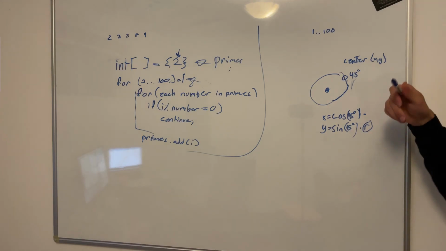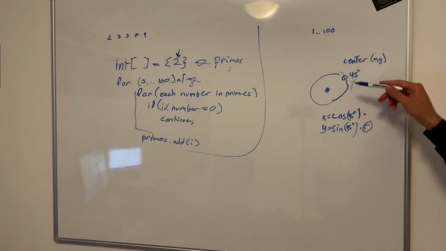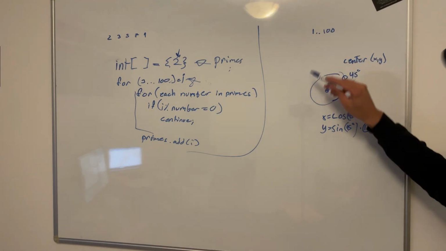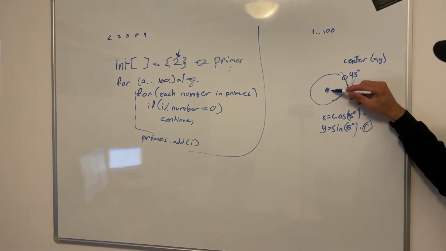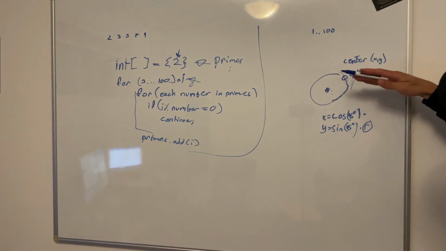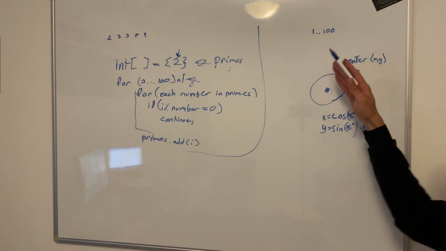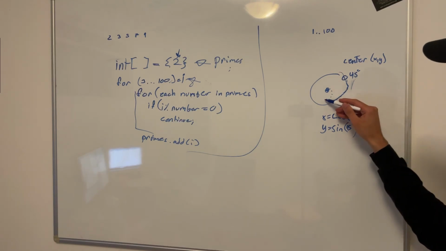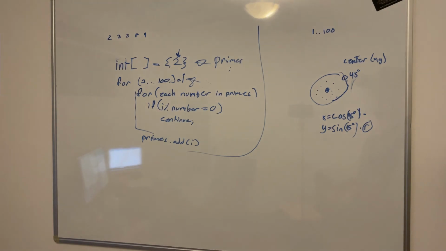Then as the angle grows during the loop, we make the radius go a little bit bigger, and a little bit bigger. At first it's really close, then it's getting a little bit further and further, and so on. So we would get some kind of spiral. That's basically the goal.